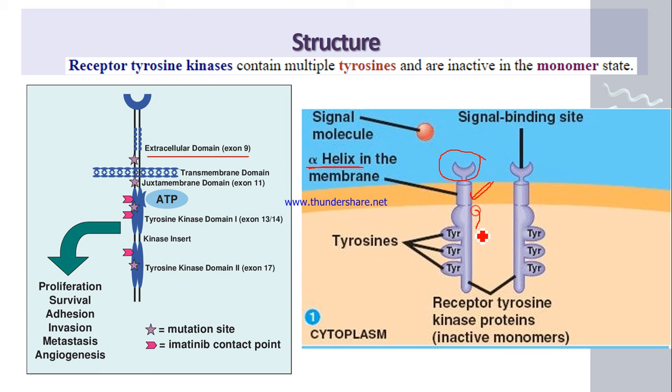The longest part is inside the cell cytoplasm, and this contains the tyrosines; the signal relaying action is taken care of by this part. Okay, so this is the simple structure of the tyrosine kinase.